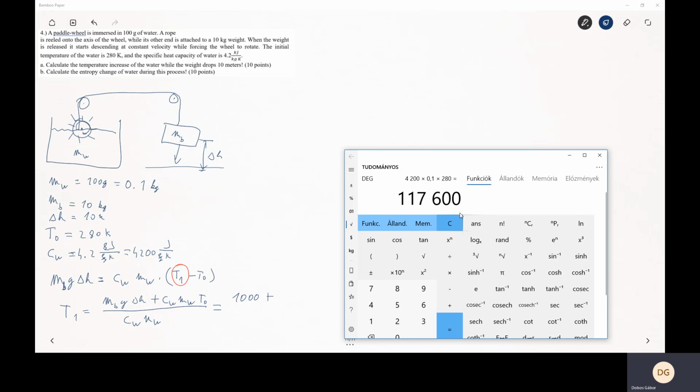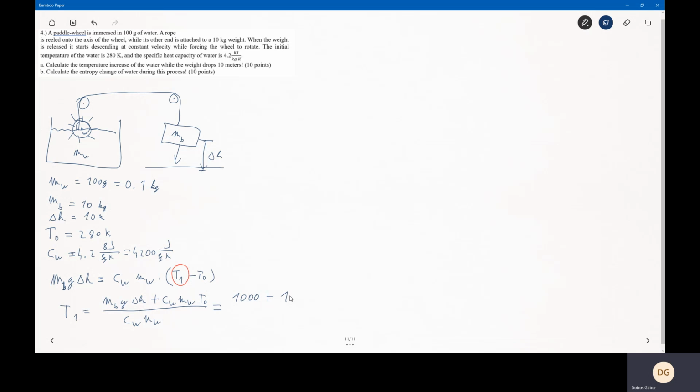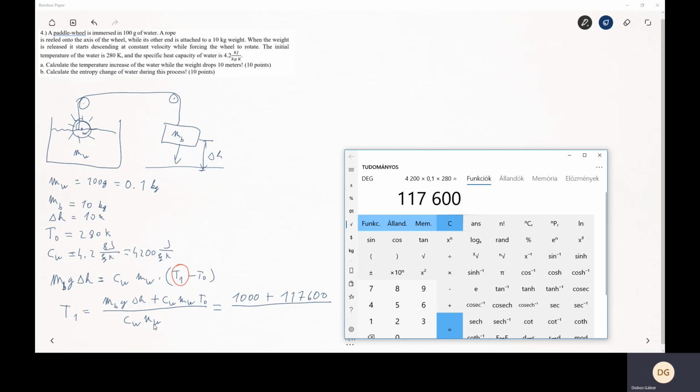So that is 117,600, and divided by CW times MW. So that is easy because this is 4200 multiplied by 0.1. That is just 420.